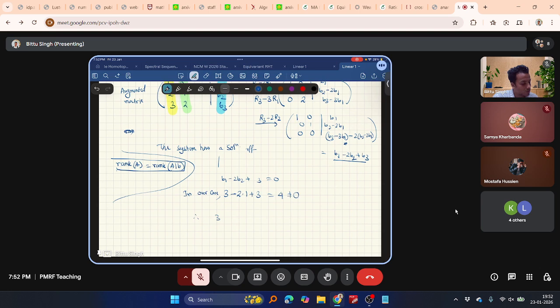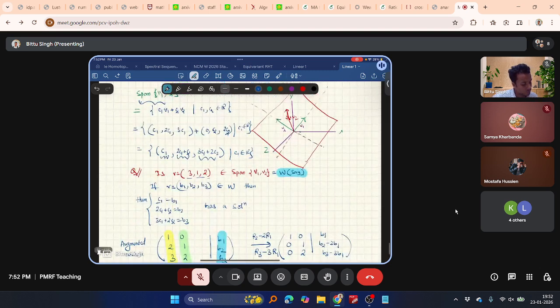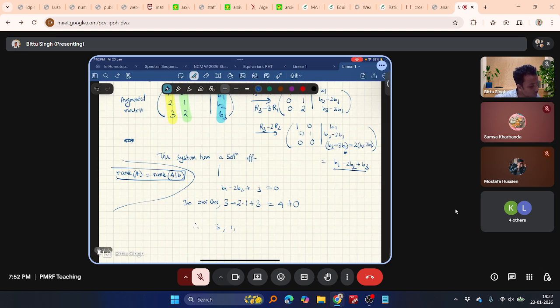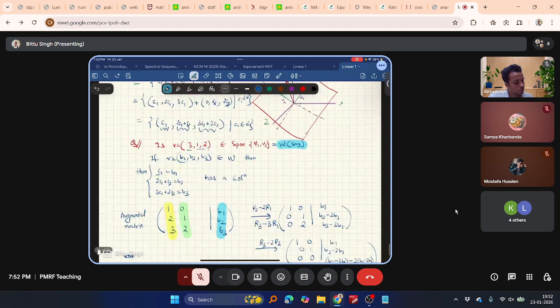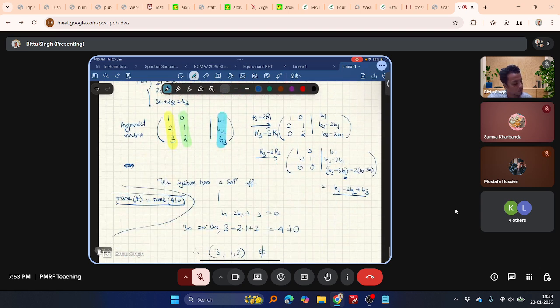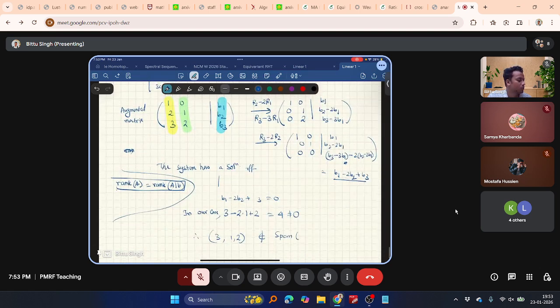Therefore, 3 1 comma 2, sorry, the value of b3 is 2. So 3 1 comma 2 does not belong to this span of v1 v2.